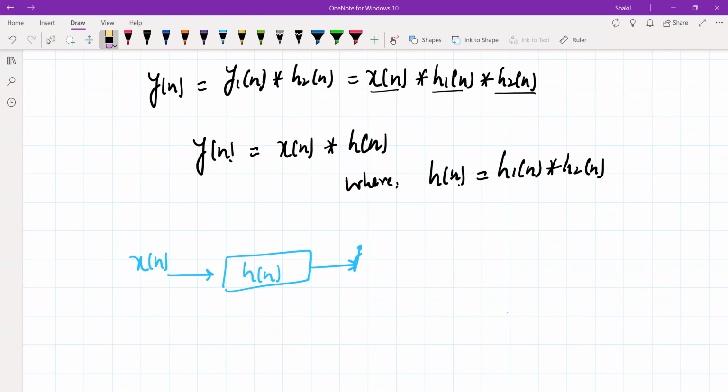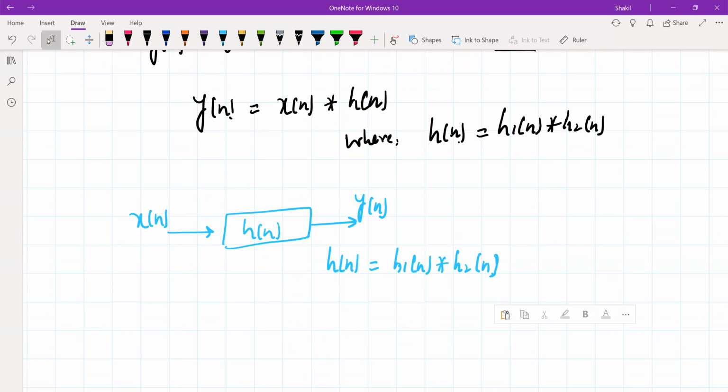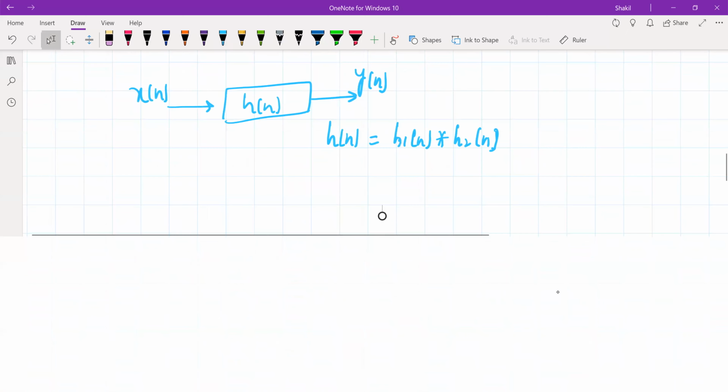This is our y of n, where h of n is the convolution between the two impulse responses connected in cascade. So you can state this in two ways.